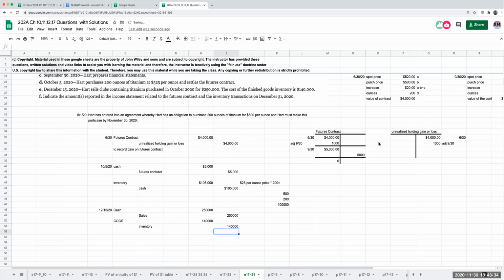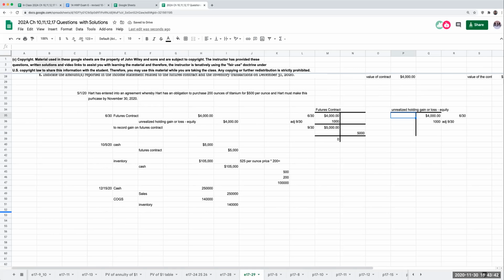Now, the interesting thing here is that with this unrealized holding gain or loss on equity, and this is something I'm just realizing now, I need to zero this out once I sell the items.